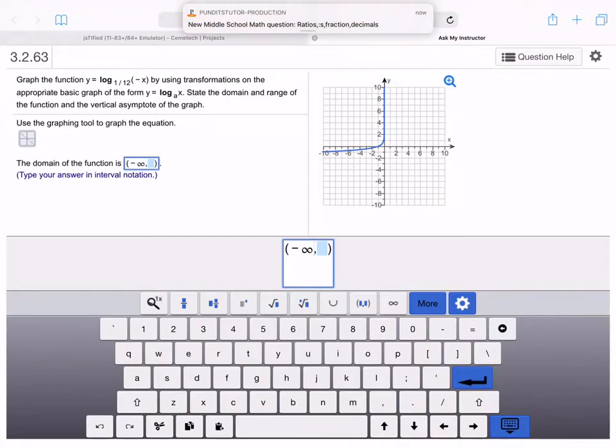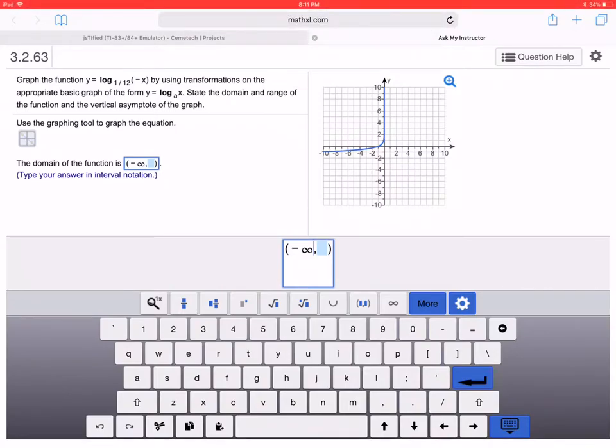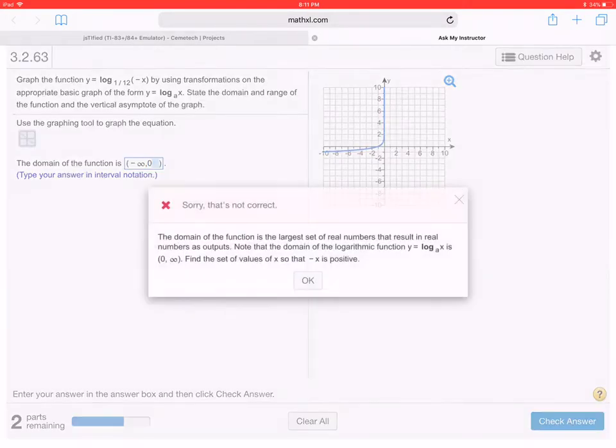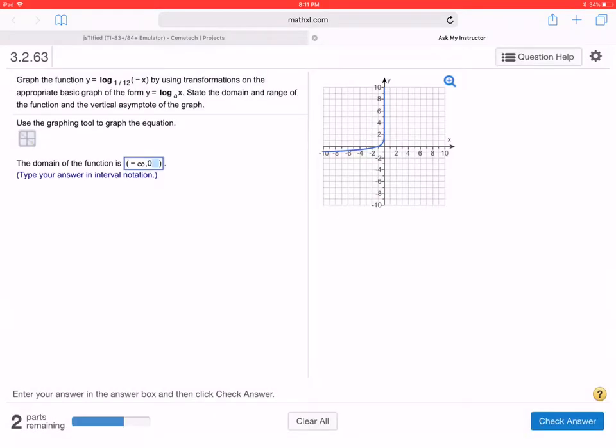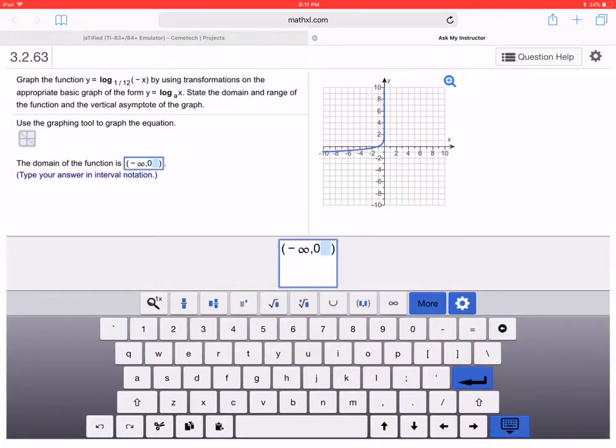Remember, we have a vertical asymptote, so we're not going beyond that asymptote, so it's up to 0. Negative infinity up to 0, the very left to the very right. And we use parentheses because we get really, really close to 0, but we never reach it.